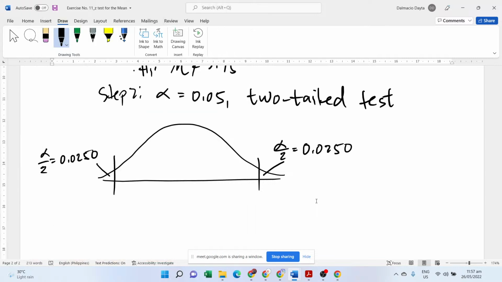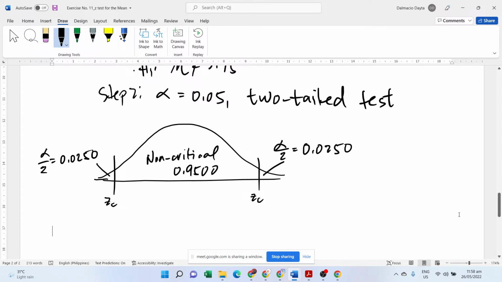Remember that when we have a two-tailed test. At yung ating non-critical region ay 0.9500 pa rin. Kasi yung pinagsamang dalawang dulo ay 0.05, alright? Now, kunin natin yung Z critical value. One is negative value and the other is positive value. Share screen ulit ako. Pakita natin dun sa curve.